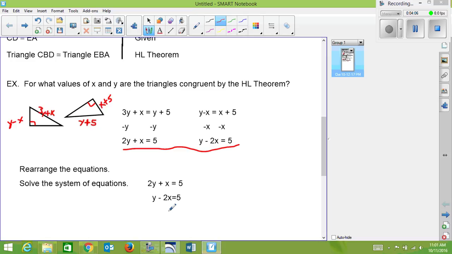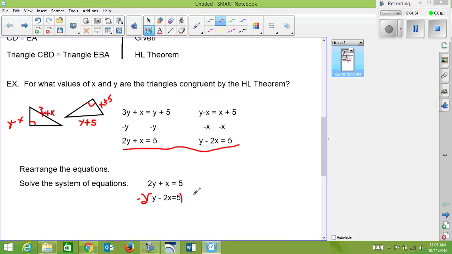There's more than one way to do this, but the way that I did it, I'm going to set it straight up and down. I remember that to solve a system, you have to cancel out either the y's or the x's. The way that I did it was I'm going to multiply that whole equation by -2.